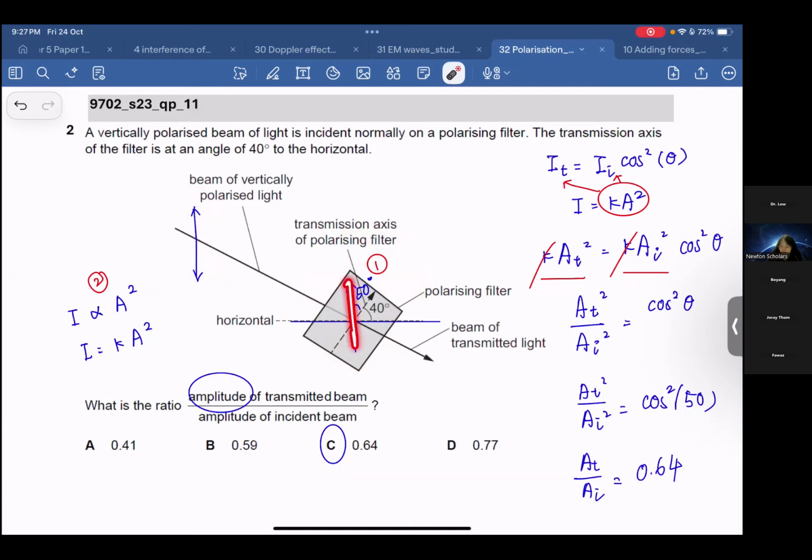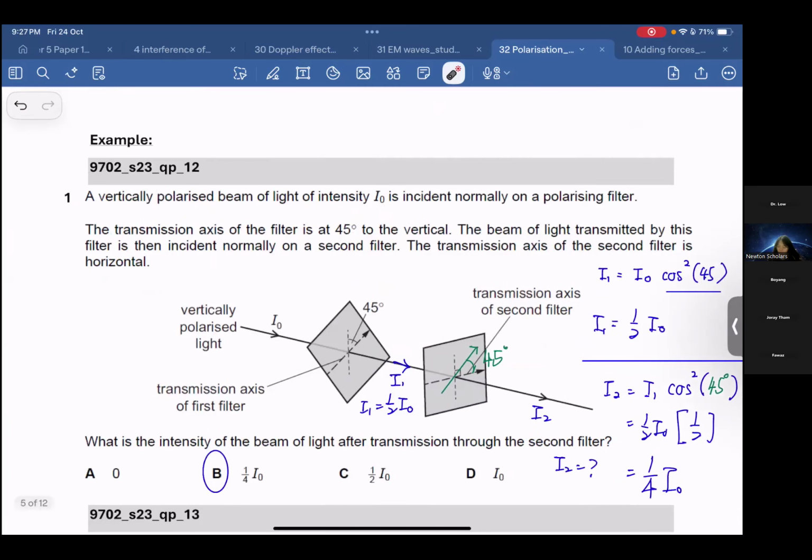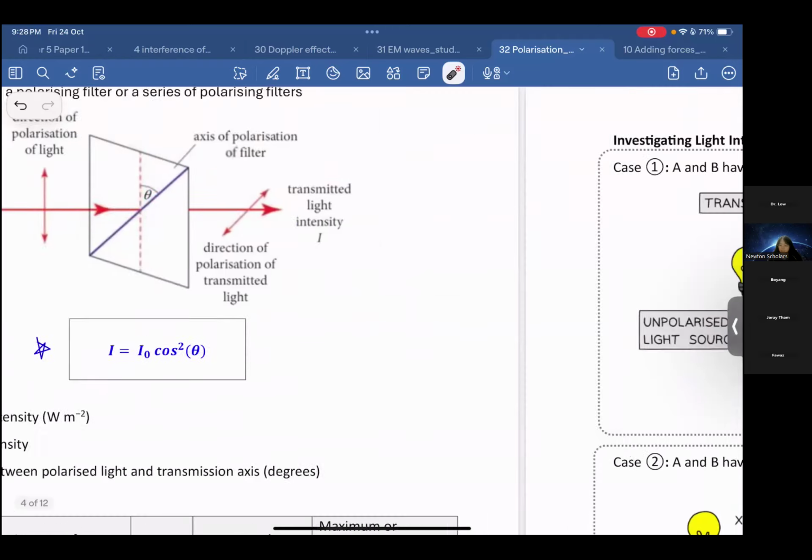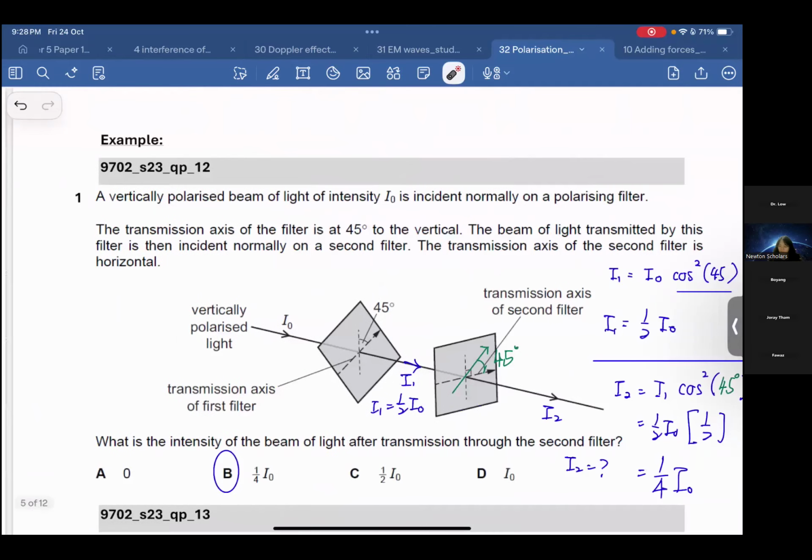The angle should be from the vertical to the transmission axis, which is the 50 degrees. That is actually the angle that we rotate. So how do we determine the angle? From the vertical until the axis. This is the angle 50. Just now what they gave us is this 40. So they want to trick you. But actually we have to know the angle is 50, not 40. For this first part, is it okay, Fatima?